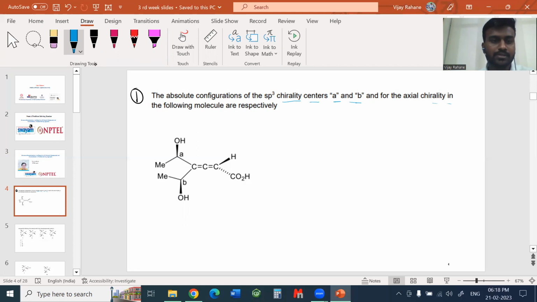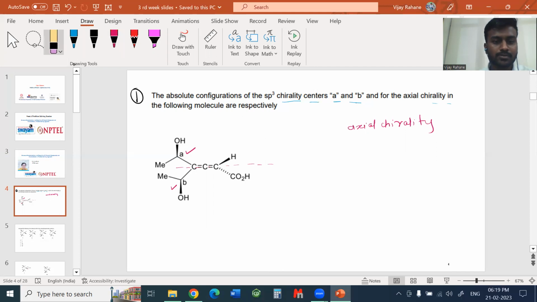So we need to assign an absolute configuration for this center, and you can see in this molecule there is an axial chirality. This is an example of axial chirality, right? So we need to assign an absolute configuration for these two centers and this third one.